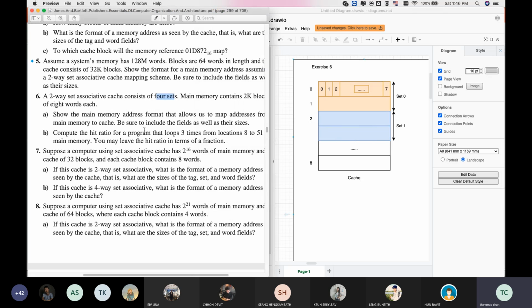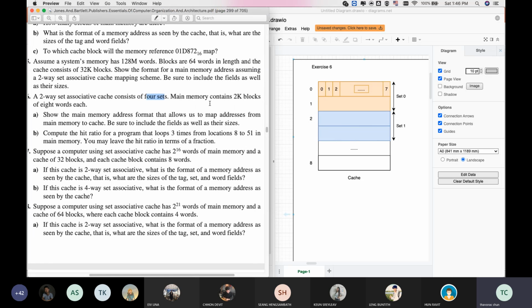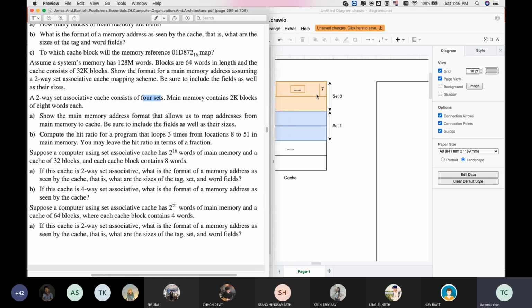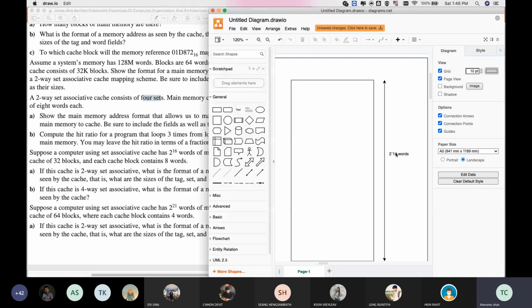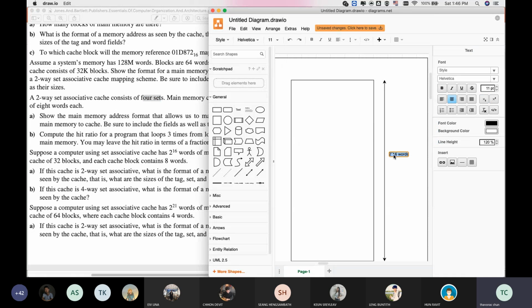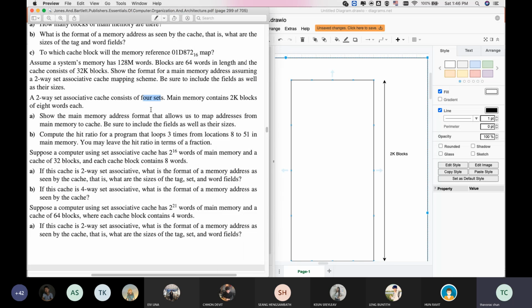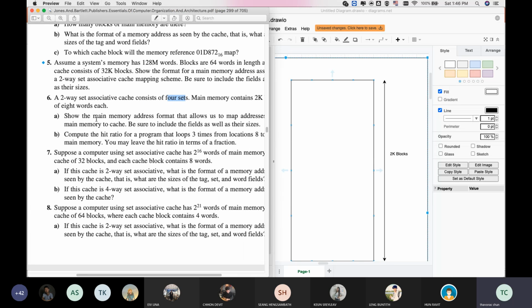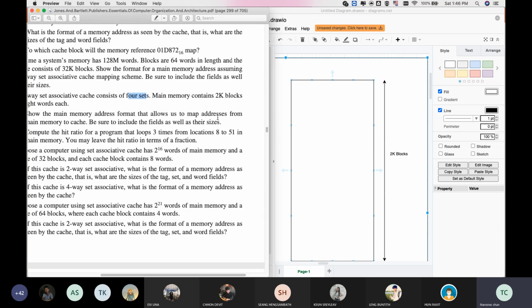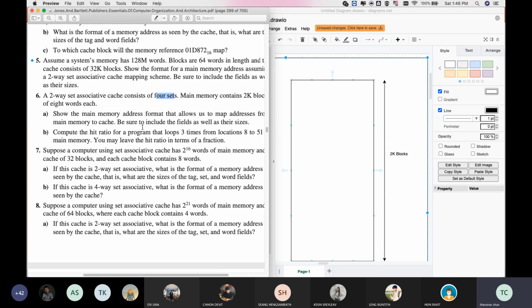Okay. And then main memory contains 2K blocks. So coming here, instead of telling about how many words you have, it's 2K blocks. And question A asks for the main memory address format that allows us to map addresses from main memory to cache.